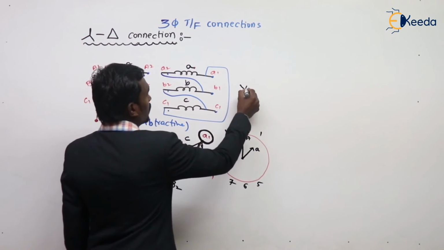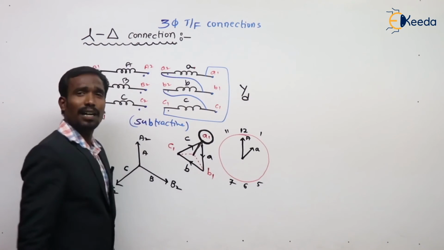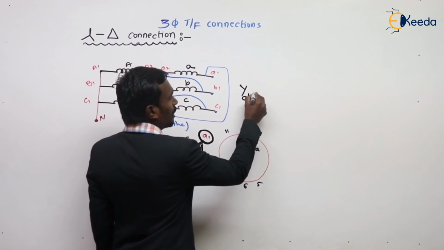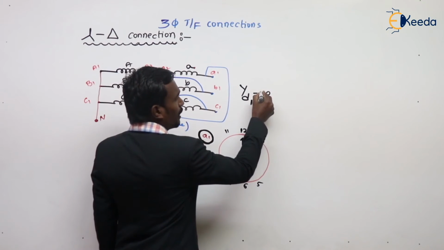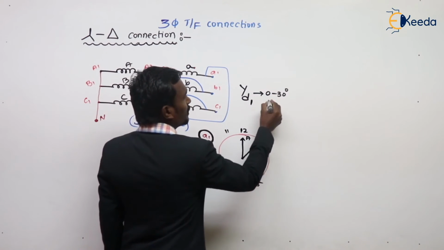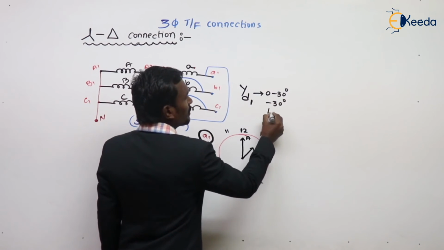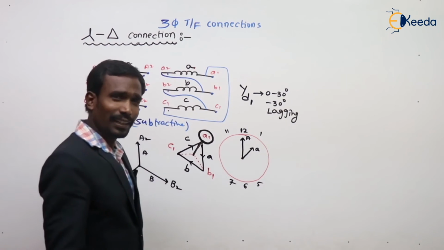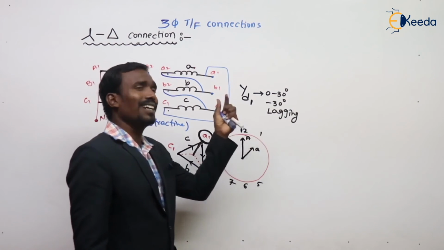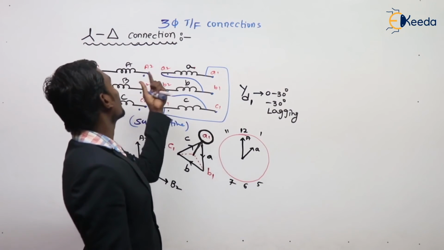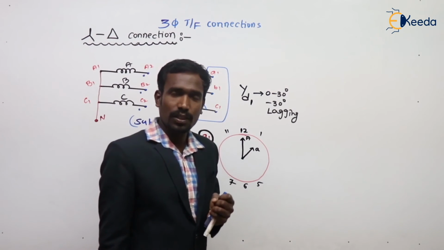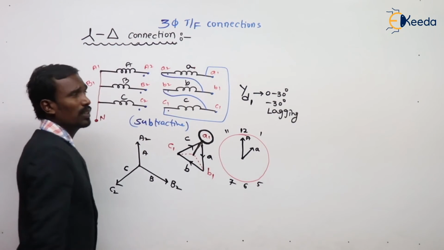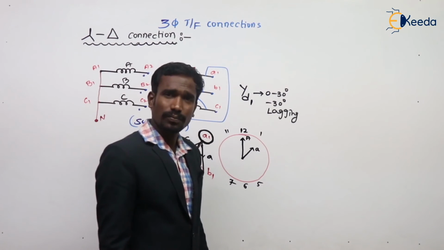The primary is the star, secondary is the delta, and the time is 1 o'clock, nothing but 0 minus 30 degrees, or 30 degrees lagging. This is generally the star delta connection.